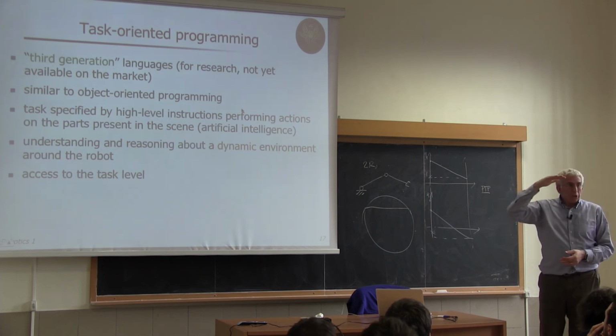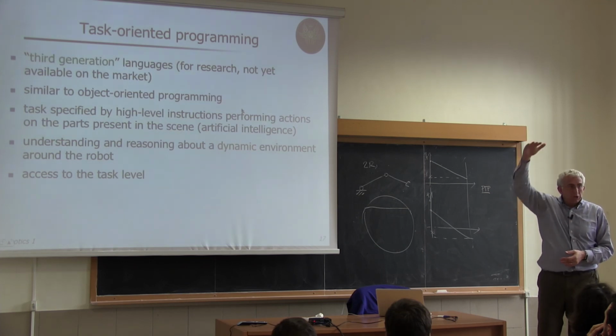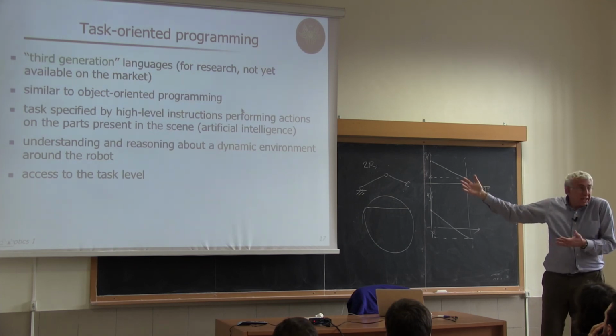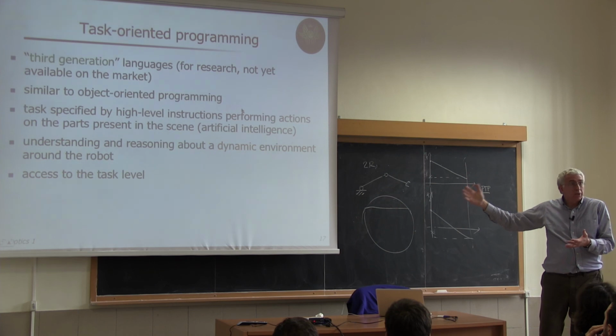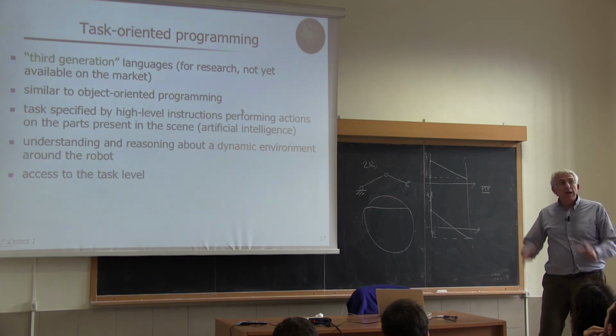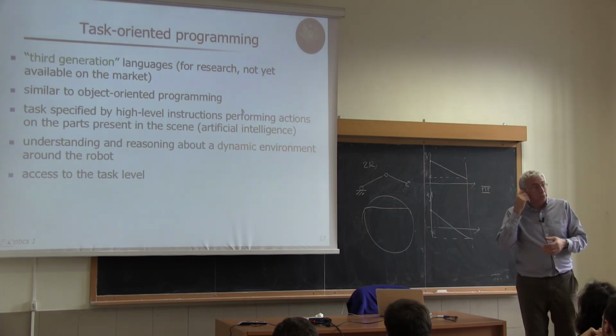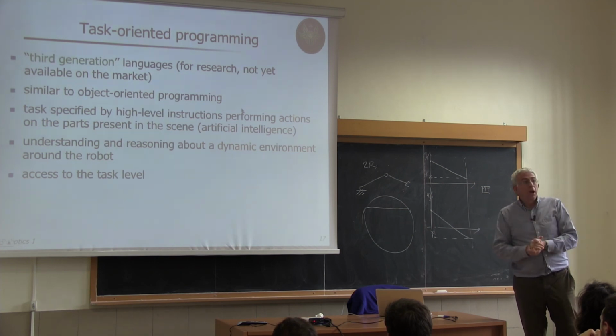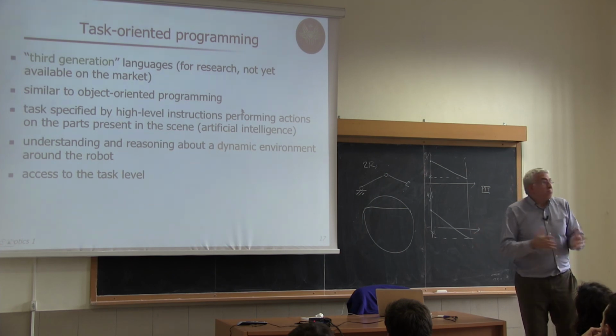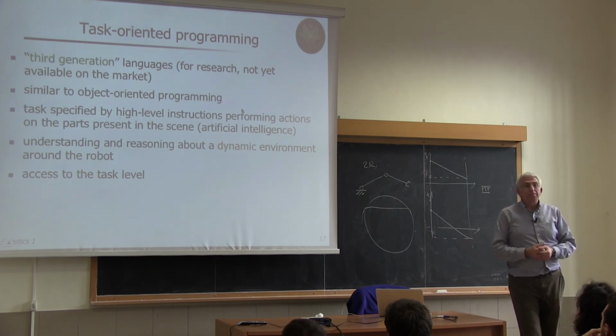There we will have the robot level, the action level, and on top the task level, which is rather independent of the robot, because it's only related to what you should do and what actions you should perform in order to reach some goal, independent of what robot you're using for doing this.